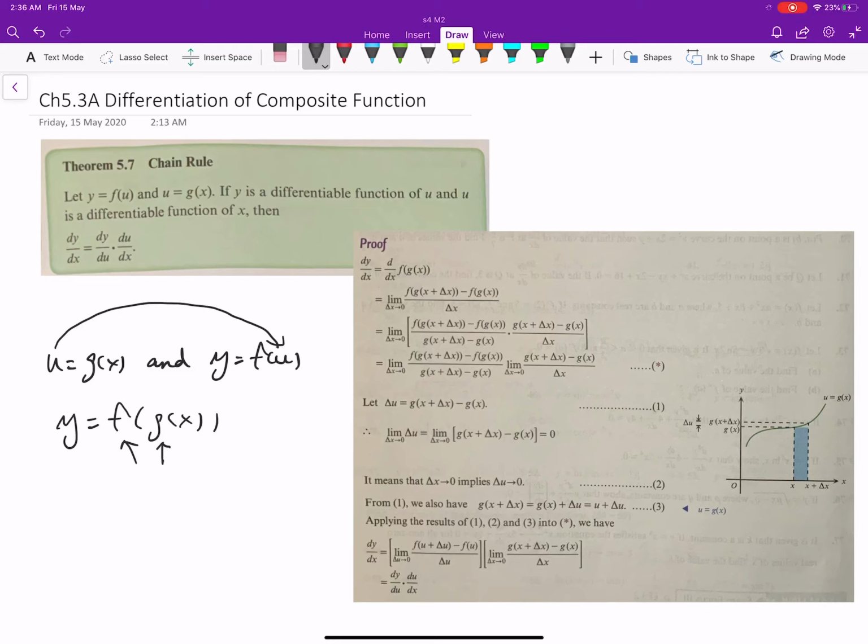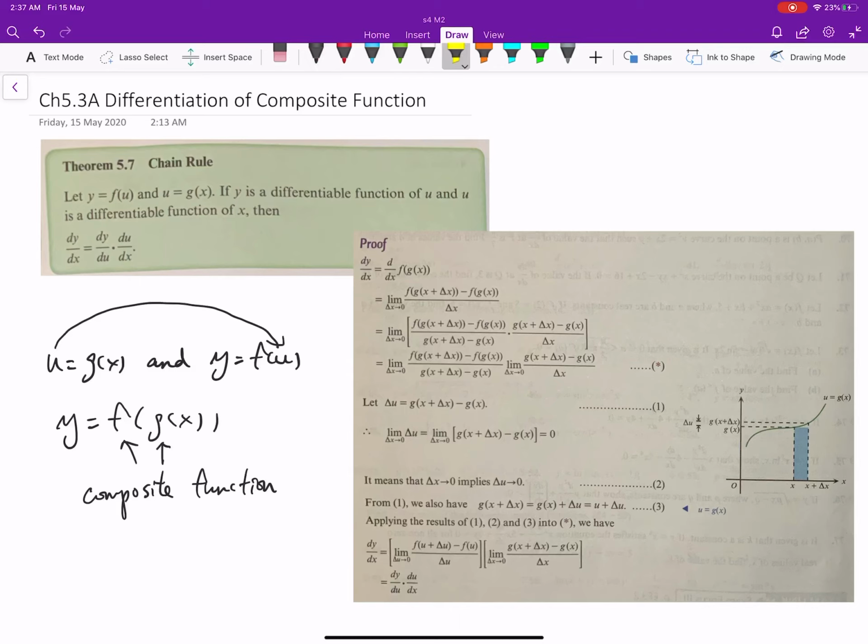So we call this a composite function. And in this session, we are looking at the skills to find the derivative of this kind of functions.